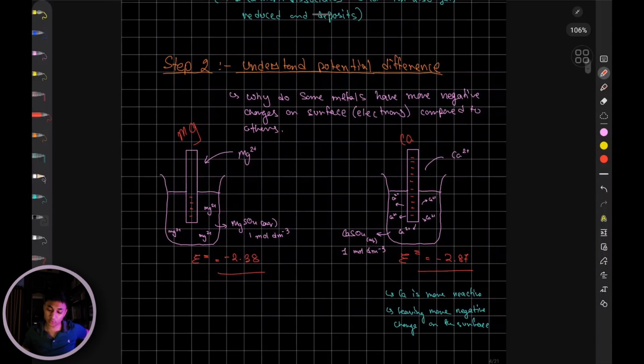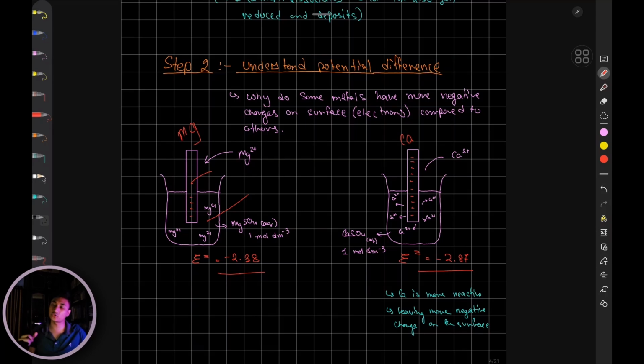Why? The potential difference is between the electrode and the solution. In the case of the magnesium electrode, you have a smaller amount of negative charge on the electrode. In the case of the calcium electrode, you have a greater amount of negative charge.